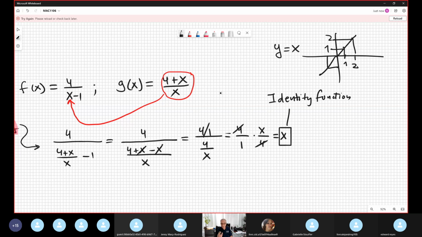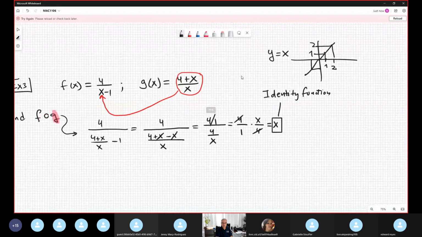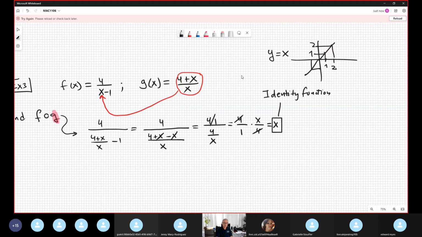And when this situation happens, when you put them together in composition and you get the identity function, that means that functions f and g are inverse functions, because when you put them together in this way, composition, they undo each other and give me identity. And you will see in the next chapter the importance of this idea. Okay, it's inversion, but you don't know very well what inversion means.